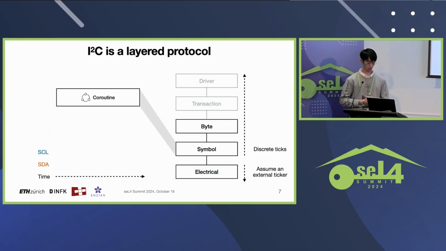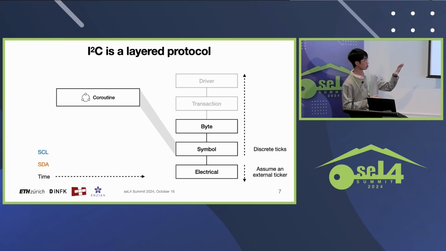And one way to model the I2C stack is to consider every layer as a coroutine. So here we are dealing with discrete ticks inside the stack, but assume that there will be a properly functioning ticker at the electrical level layer to convert those ticks to the actual bus ticks.